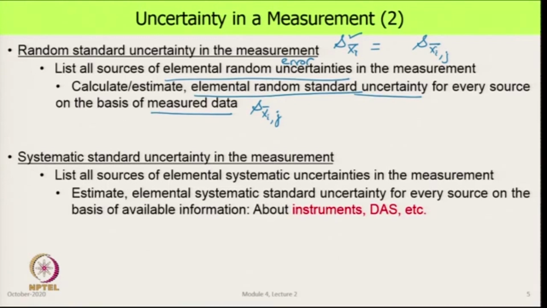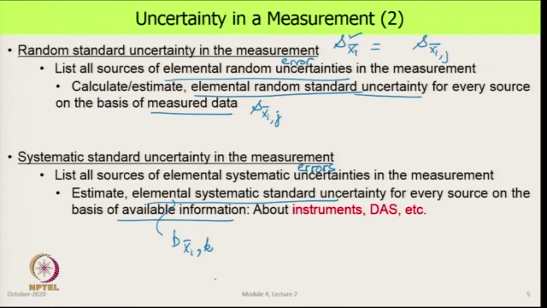The same thing we do for the systematic standard uncertainty in the measurement. We list all sources of elemental systematic uncertainties or elemental systematic errors, and estimate the elemental systematic standard uncertainty for every source, on the basis of available information, and this will give us B x_i comma k.